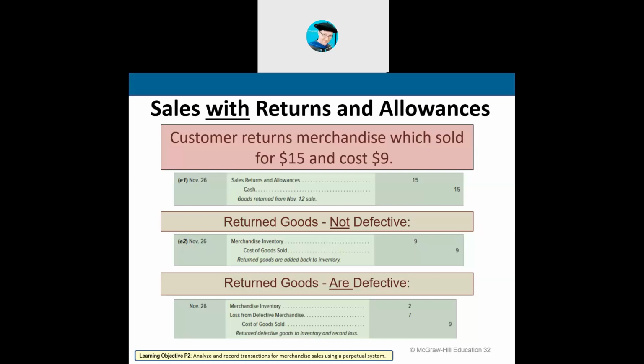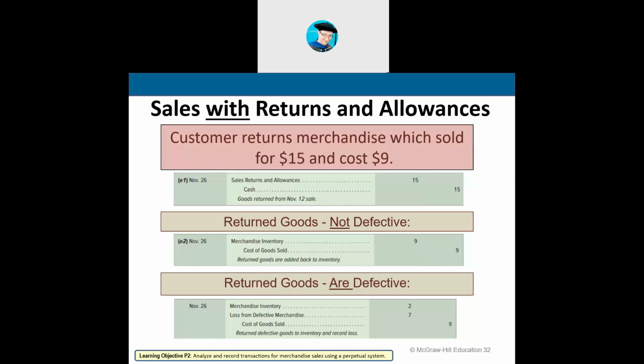Okay, and do they just determine it based on a percentage? That's a good question. In accounting, that's actually more managerial, but I'll tell you. Typically a business will estimate a percentage of what's going to come back broken.